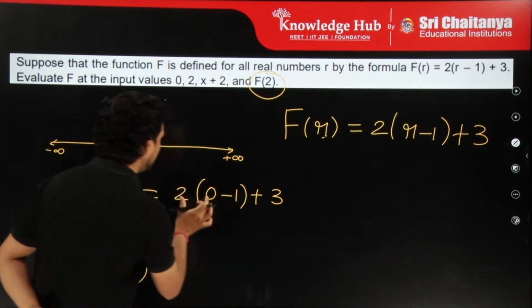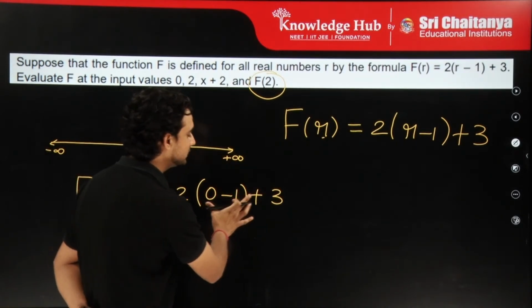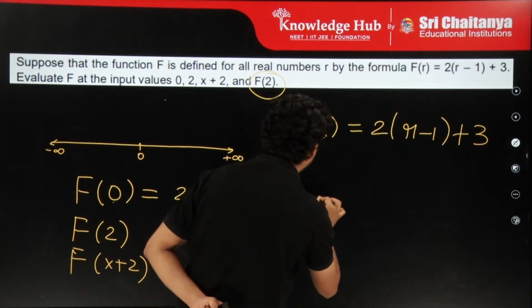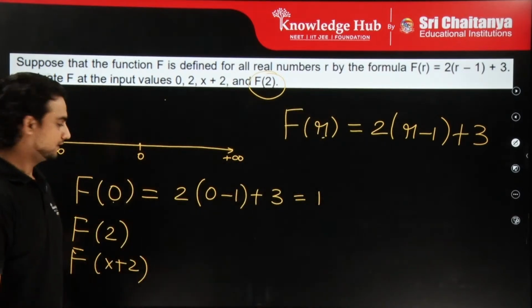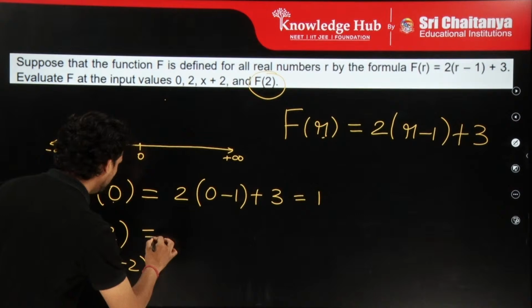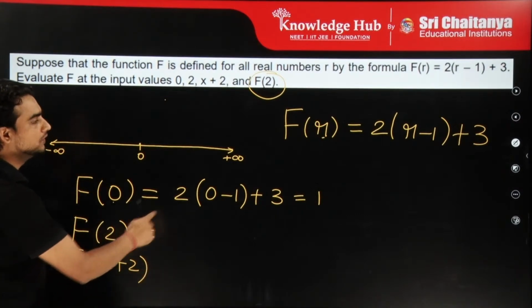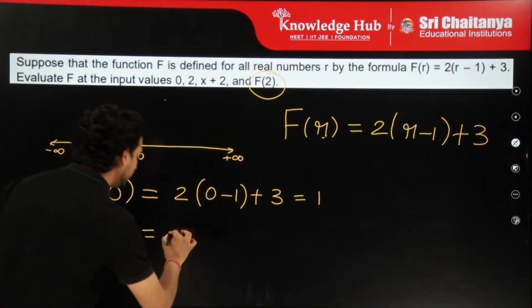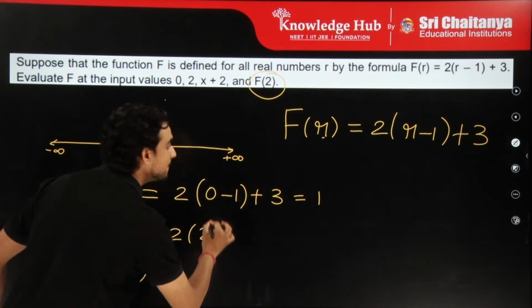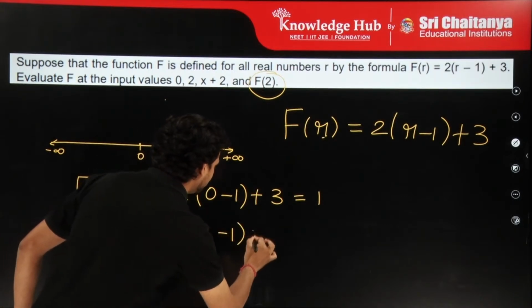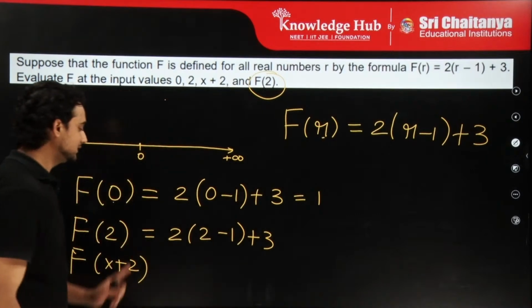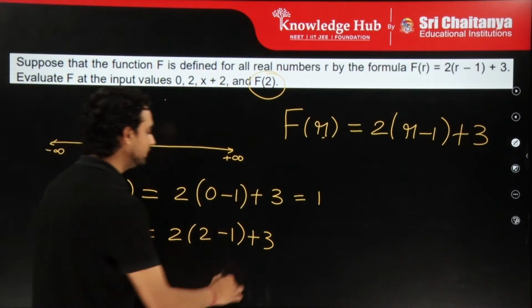So I'll get 2 into minus 1, minus 2 plus 3, that is 1, right? Now to find f of 2, I'll put r equals 2. So I'll get 2 into 2 minus 1 plus 3, that is 2 into 1 plus 3, that will give me 5.